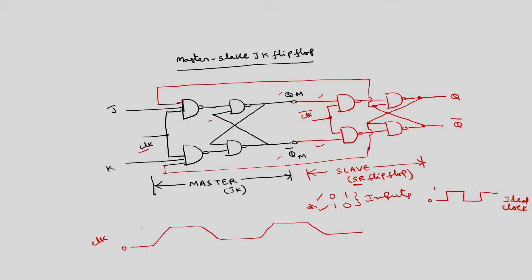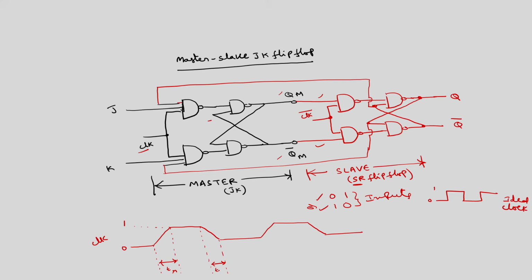This is logic 0, this is logic 1. This much is the time taken to change from logic 0 to logic 1, but this is very small, even less than TP seconds. You can call this the rise time. Of course, 10% to 90% is called the rise time, but I am roughly calling it TR. And this is TF, the fall time.